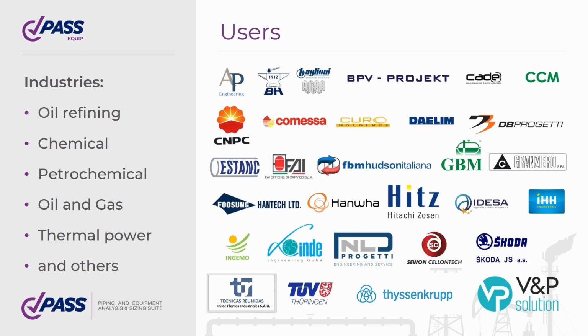On the right, we showcase some of the prominent companies that rely on PassEquip software for their engineering needs. These include well-known names such as ThyssenKrupp, CNPC, Dalim, Hitachi Zosen, among others.